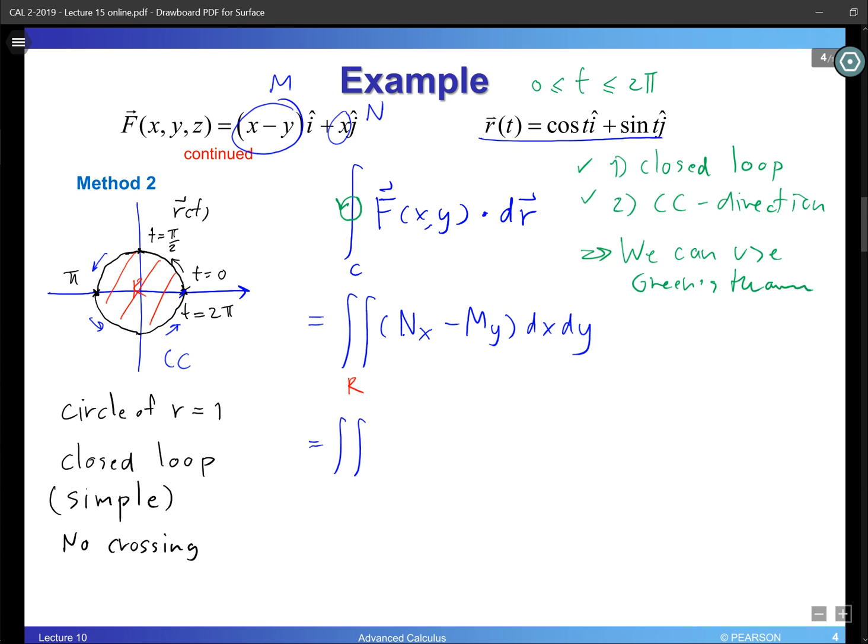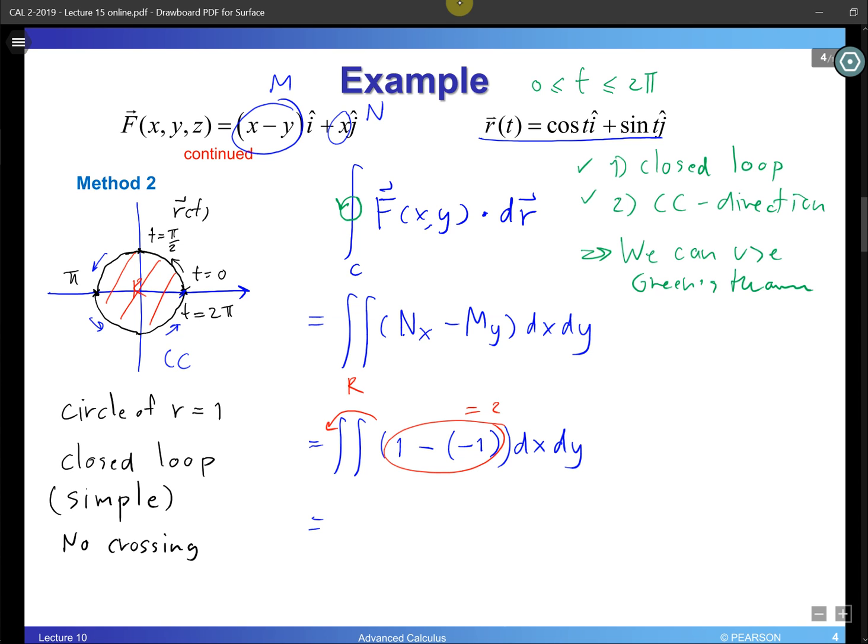N is x, differentiate x with respect to x, I get 1. Now m is x minus y. Differentiate that with respect to y, I get minus 1. dx dy. Here it combines to be 2. Since this is constant, I take it out.